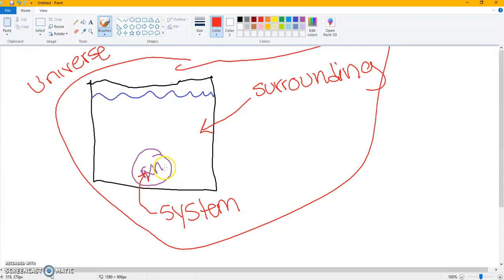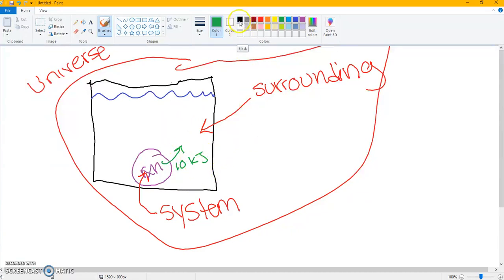When we talk about heat, we're talking about heat being absorbed or released. So if my reaction lets off a certain amount of heat, let's say 10 kilojoules of energy, my water must absorb that same amount of heat, 10 kilojoules.